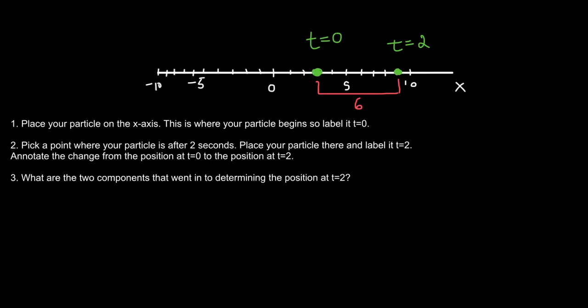So I can say that the position of my particle at 2 is made up of two components. Okay, the first will be the initial position of the particle, which in this case is 3.